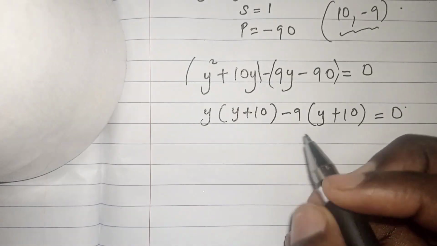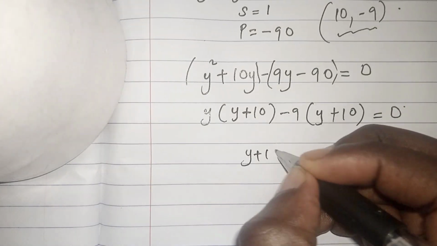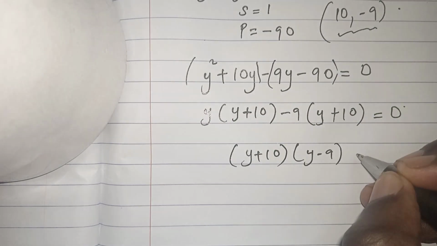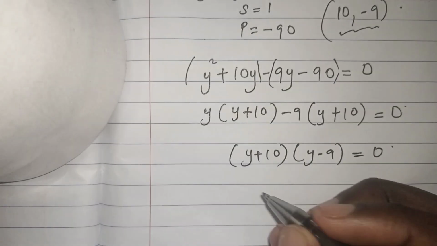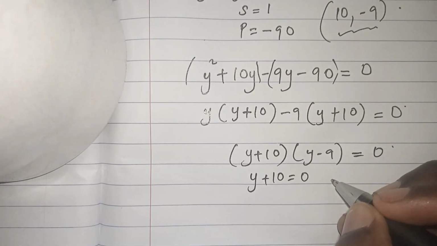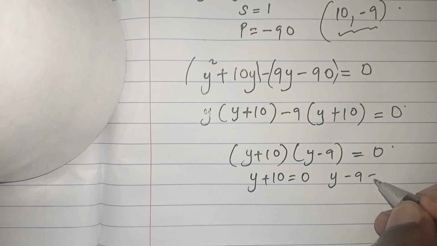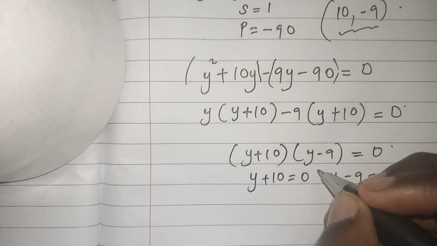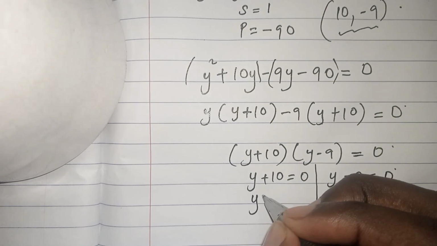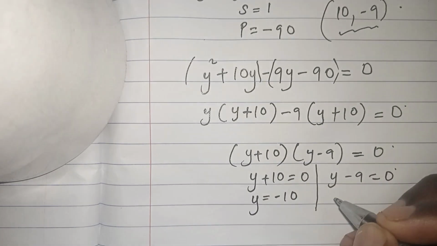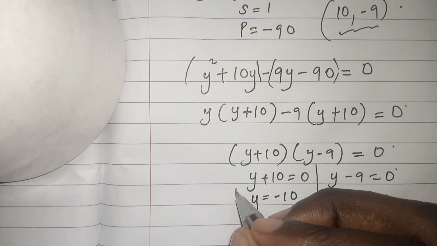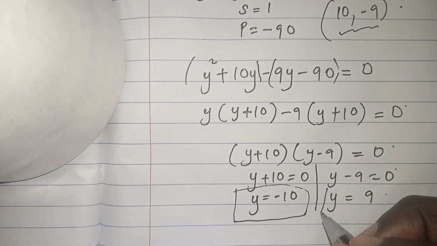So y plus 10 is common. y plus 10 bracket y minus 9 bracket is equal to 0. So y plus 10 is equal to 0, y minus 9 is equal to 0. So we shall have two values of y: y is equal to negative 10 and y is equal to 9. So these are the two values of y.